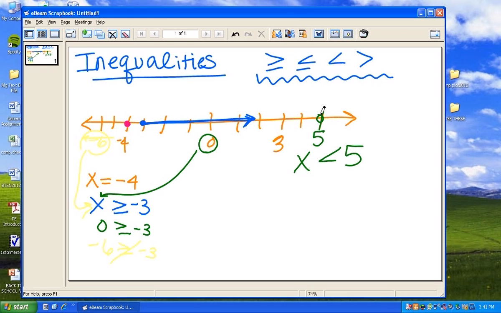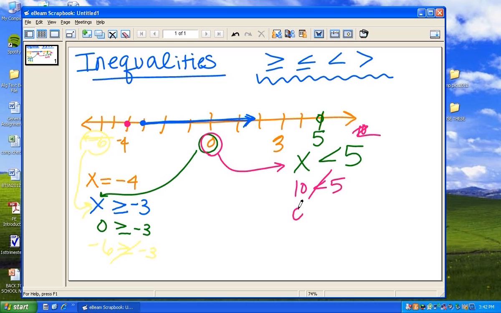So I make my open dot on the 5, and now I need to show in which direction x is less than 5. So I'm going to test some points. 10 is over here. Is 10 less than 5? No, it's not. So therefore, I'm not shading on that side. So let me choose another one. I like 0. I'm going to plug it in.